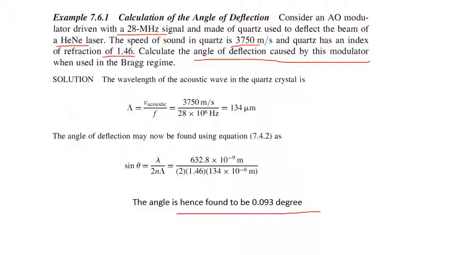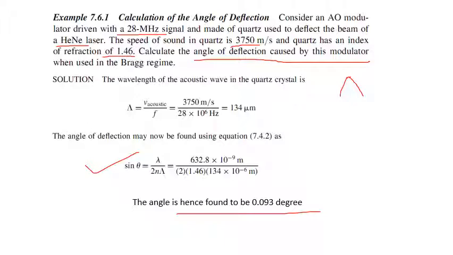So the simple thing is that first you need to find the wavelength, lambda, otherwise you cannot apply this equation. So you need to know the speed of sound and the frequency. The speed of sound is given here, and the frequency is also given here, which is 28 megahertz.